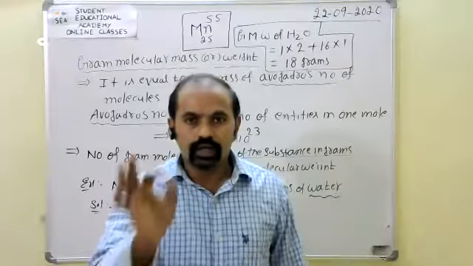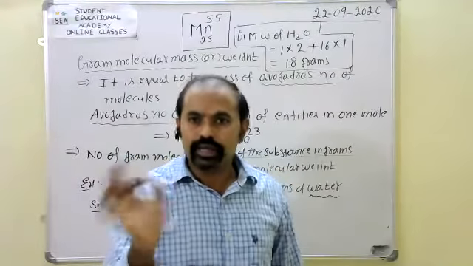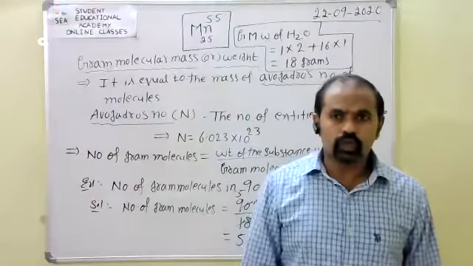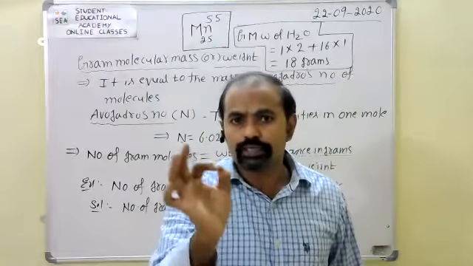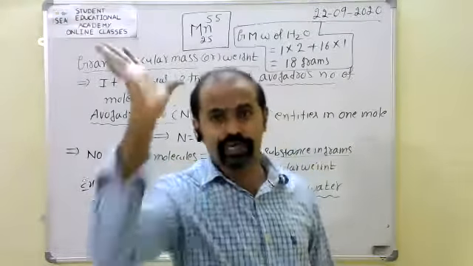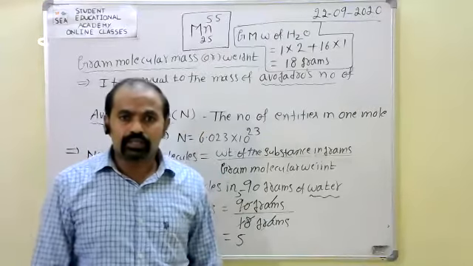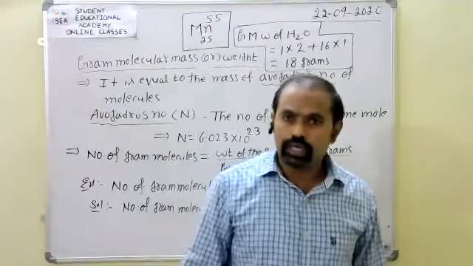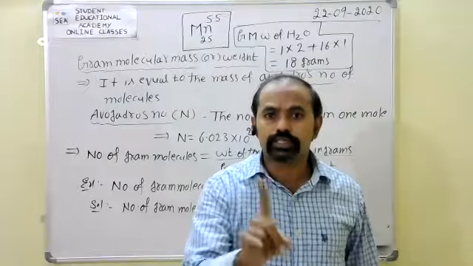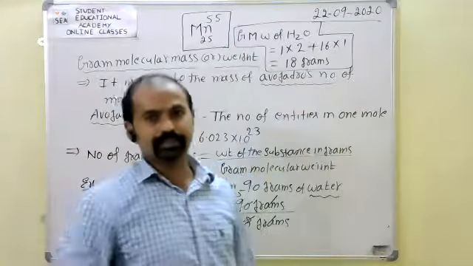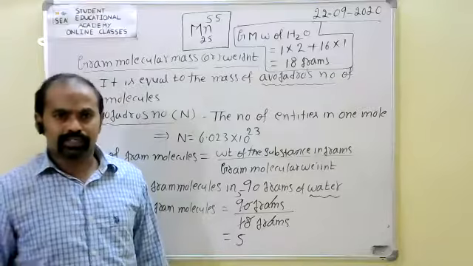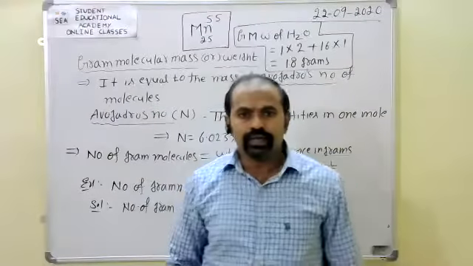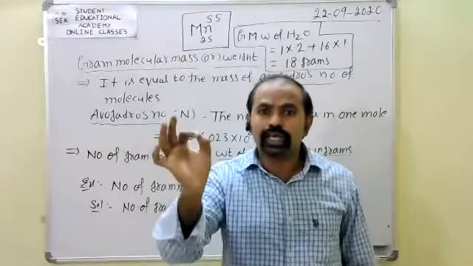For example, if our NEET class contains 1 mole of students, then the total number of students is 6.023 into 10 power 23. Or a given box contains 1 mole of apples, so the box has 6.023 into 10 power 23 apples. Just like 1 dozen equals 12, this is also one fixed constant number, 6.023 into 10 power 23. Okay, now listen.